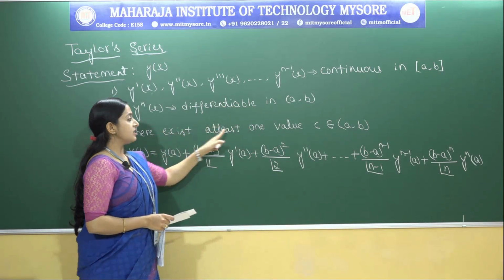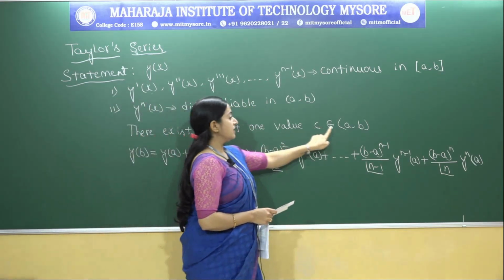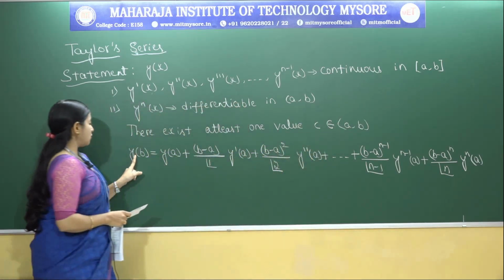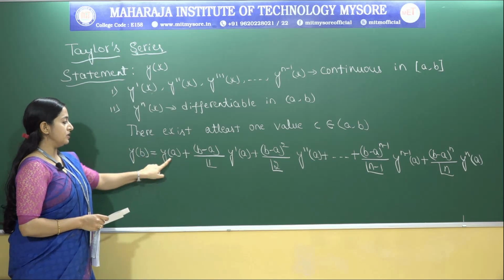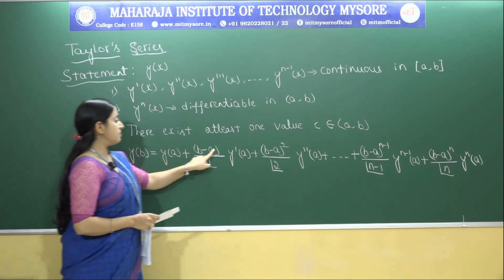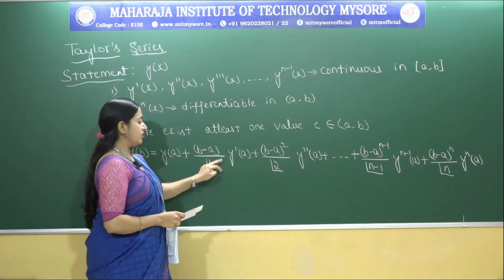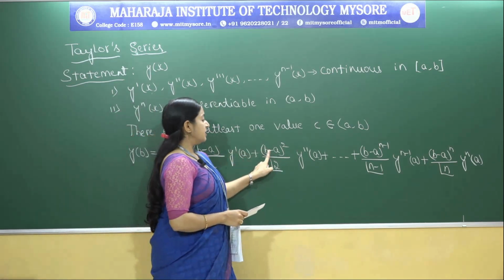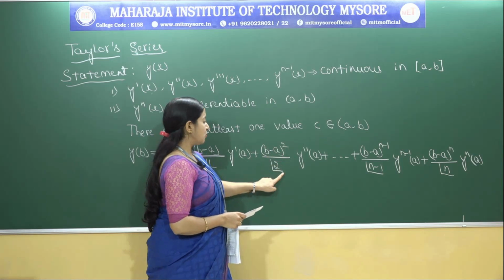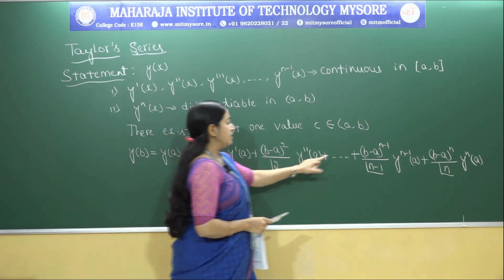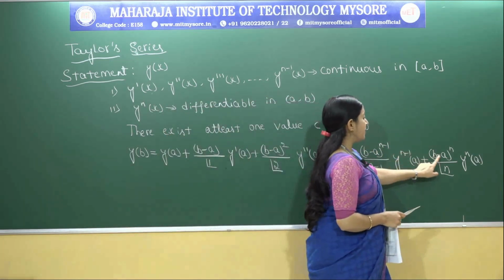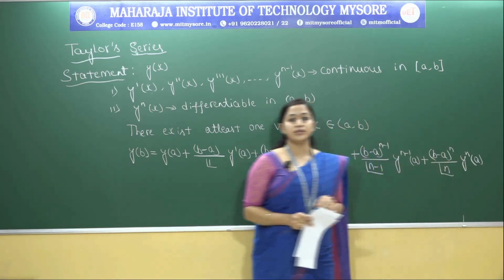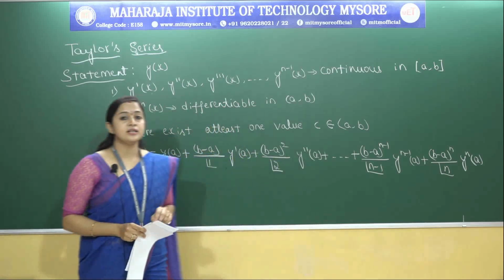Then there exists at least one value C that belongs to the open interval AB such that y of B equals y of A plus (B minus A) divided by 1 factorial, the first derivative of A, then (B minus A) whole square by 2 factorial, second derivative. The last term (B minus A) power n divided by n factorial, the y nth derivative of A. So this is the Taylor series.